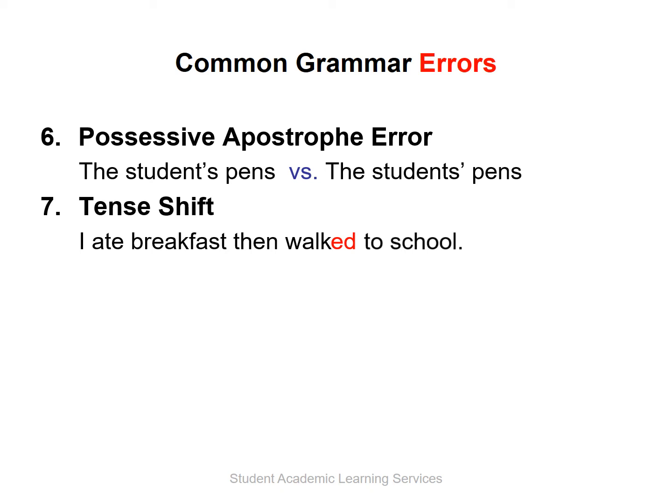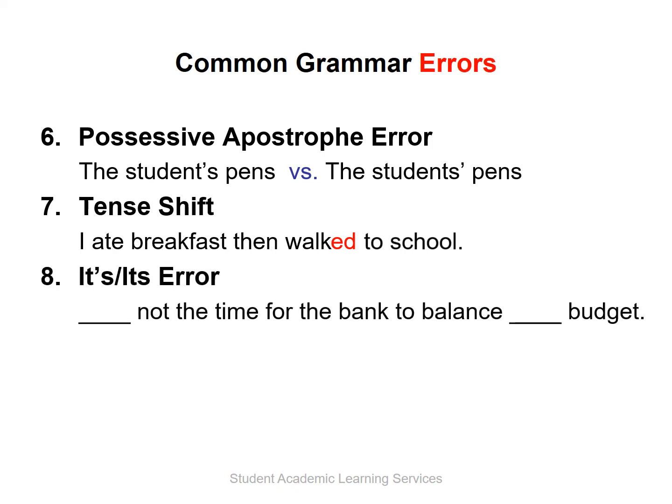Or, if you wanted it to be a present tense sentence, I eat breakfast and walk to school. It's rare for you to mix the tenses inside one sentence, unless you're referring to something in the past but speaking of it in the present tense, or talking about time travel. In general, you're going to keep it to one tense within a sentence.